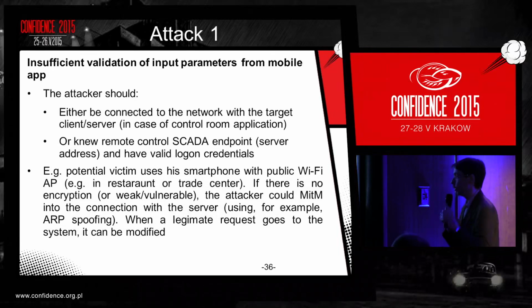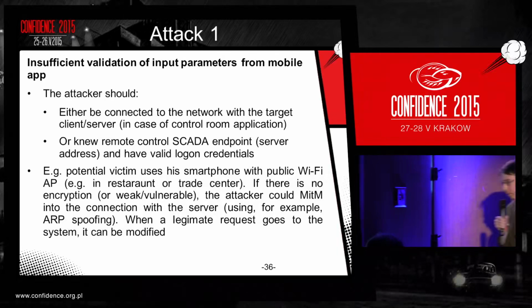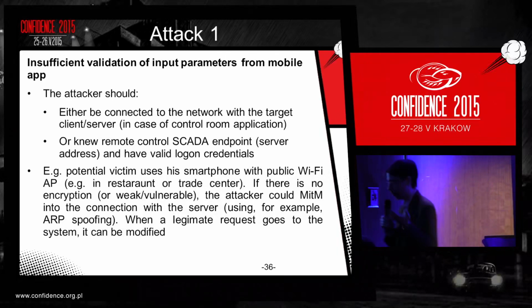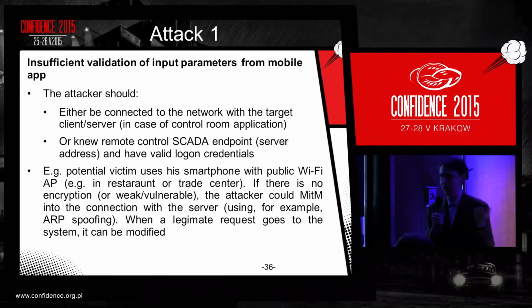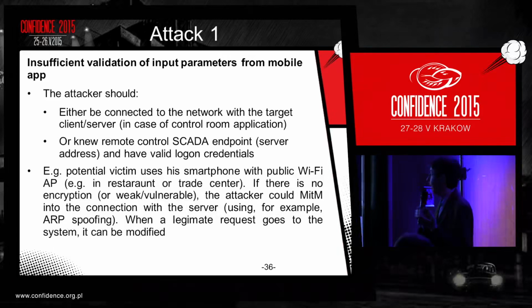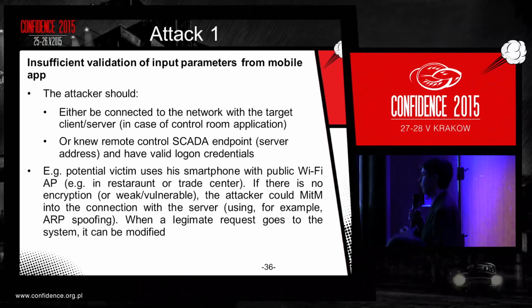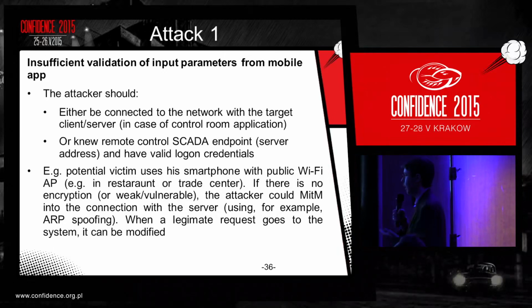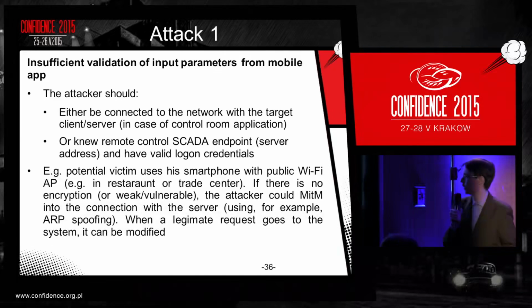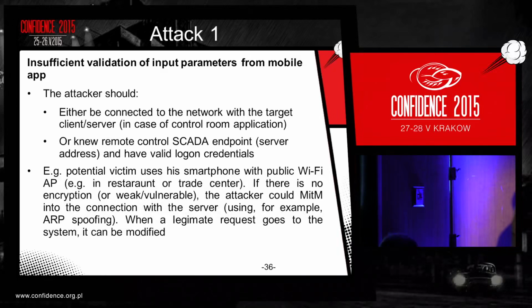Or the attacker could somehow intercept the connection between client and server endpoint, for example through public Wi-Fi, compromised private Wi-Fi, or a faked GSM channel. In the simplest case, using ARP spoofing, a legitimate request going to the server could be modified.